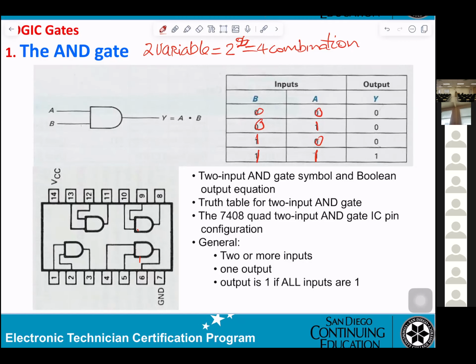If you get 3 variables, how many combinations? Will be 2 power of 3. 8, right? 2 power of 3 means 2 times 2 times 2.